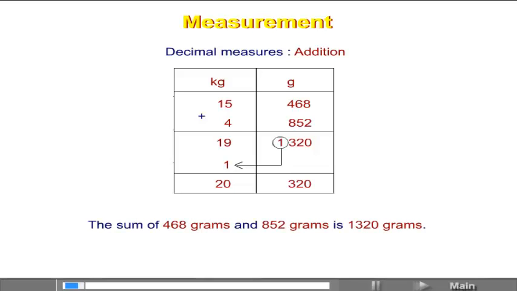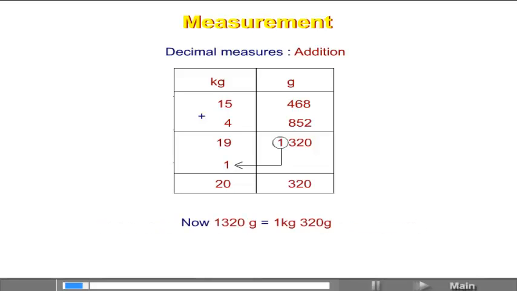Now, after adding 852 grams to 468 grams, we get 1320 grams. 1320 grams is equal to 1 kilogram 320 grams.